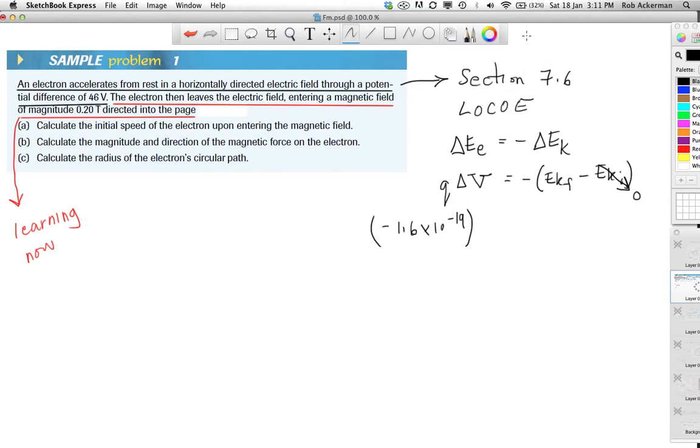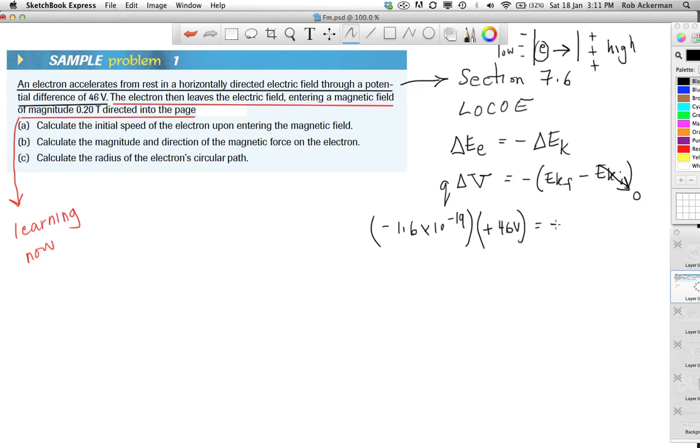So, for example, if you had oppositely charged parallel plates, one side negative, the other side positive, an electron would be accelerated to the positive plate. So it would go from a negative or low potential to a positive or high potential. That means that the change in potential would be from a low number to a high number. That'd be a positive value. So we put in here plus 46 volts.